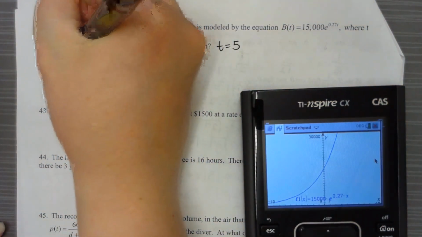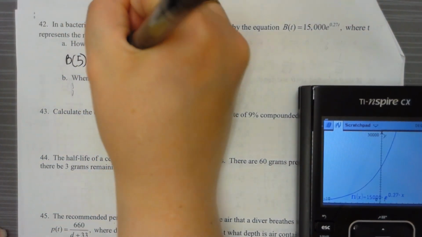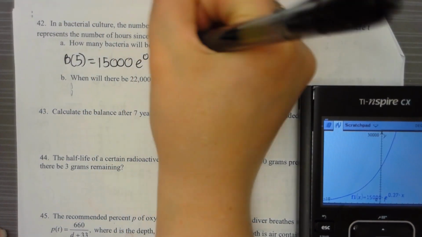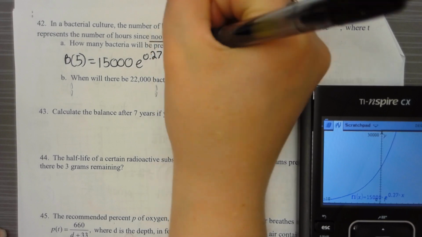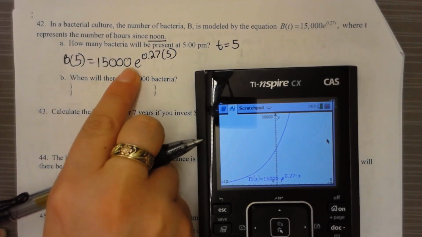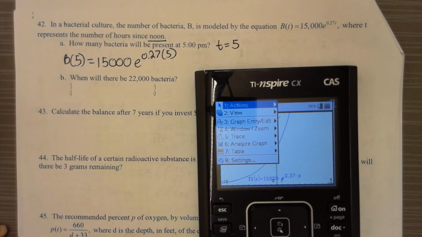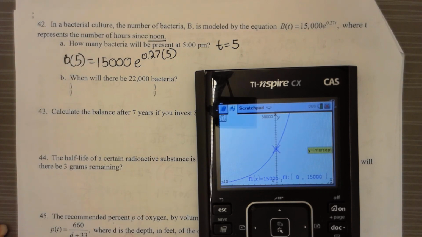So how many bacteria will be present at 5 p.m.? So that means we're looking for B of 5. So this would be the setup. We'd plug in 5 for time. And in our calculator, again, you can plug that into the calculate portion, or we can hit Menu, Trace, Graph Trace, and then just type in the number 5.